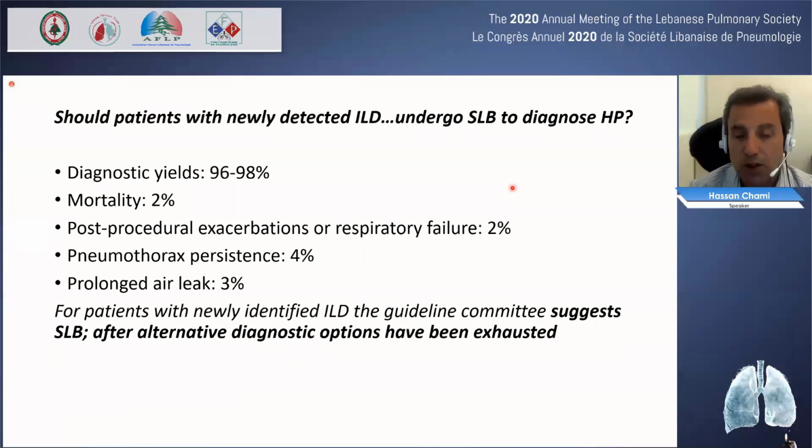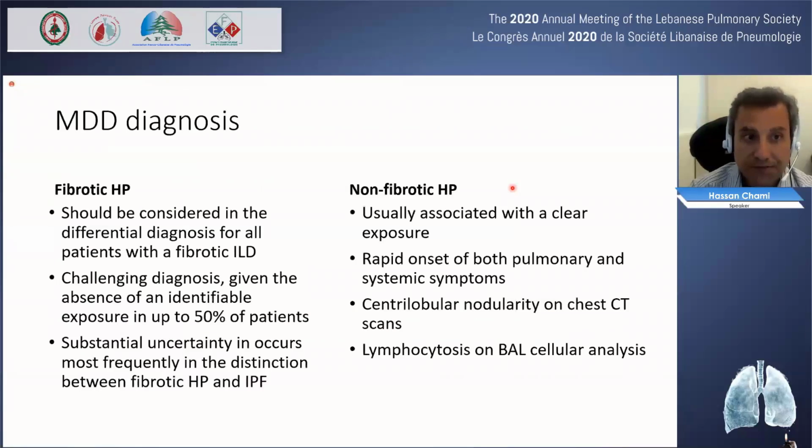And finally, with regards to surgical lung biopsy, the diagnostic yield is very high, but of course there's a not negligible mortality and other complications. So they suggest doing a surgical lung biopsy after all alternative diagnostic options have been exhausted.